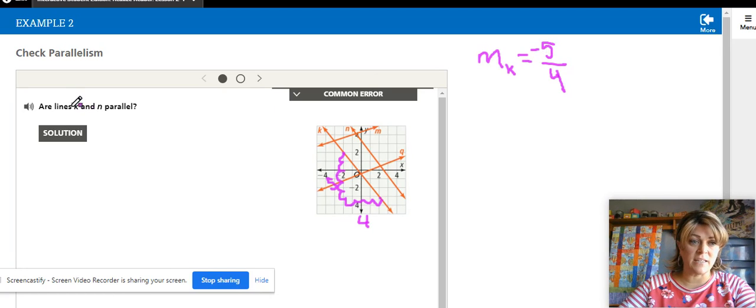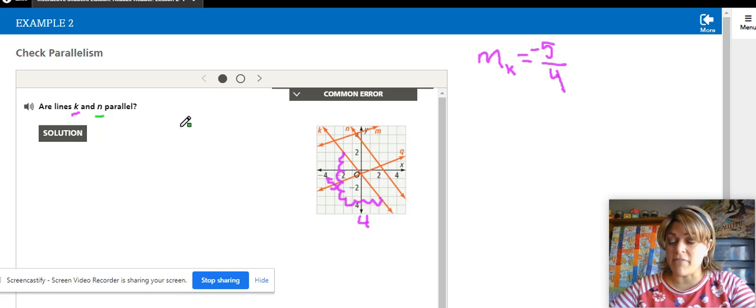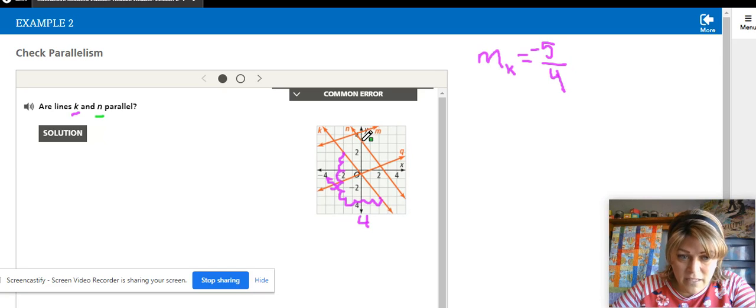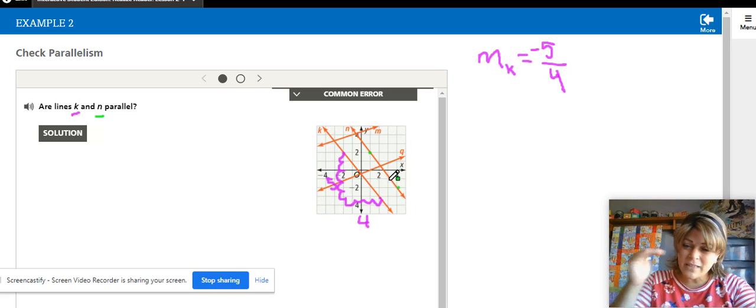Okay, that's line K, and I'm going to underline it in purple. Now we're going to do line N. Same thing, you need to find definite points. So this one might be a little bit trickier. Oh, there's one. There's a point. Notice I'm looking for them to cross, intersecting the graph paper exactly, perfectly marking up.